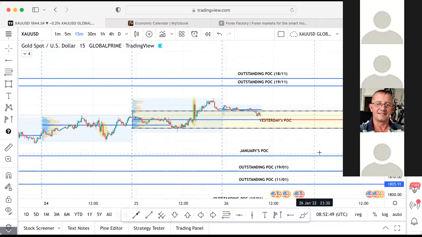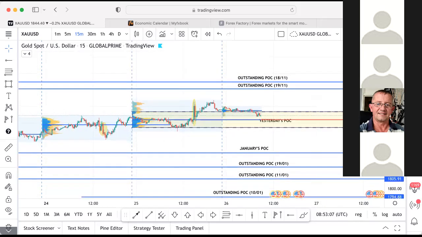And these are of interest because sooner or later, these two lines here and these two lines here, in fact, there's a third one just off screen. There we go.